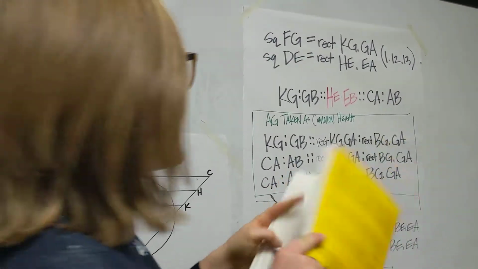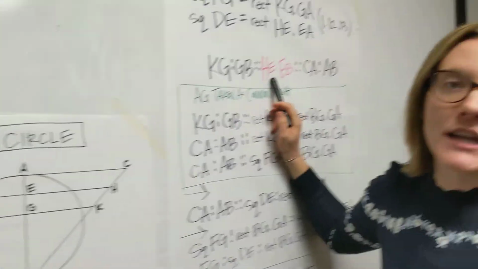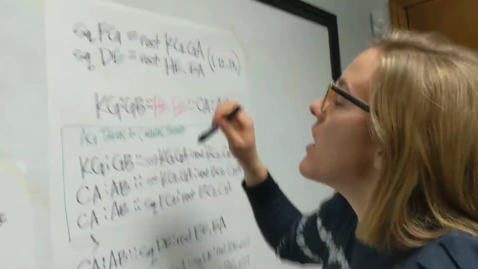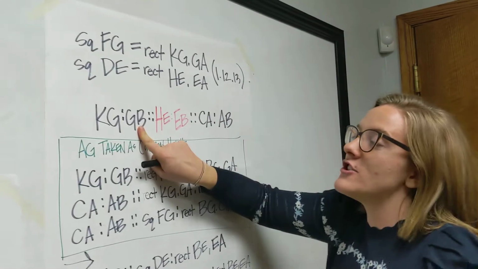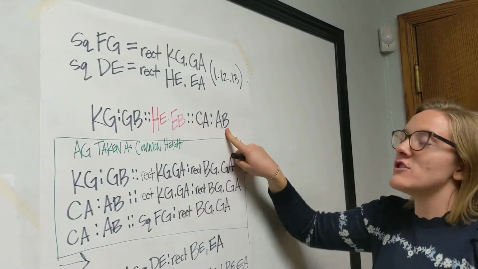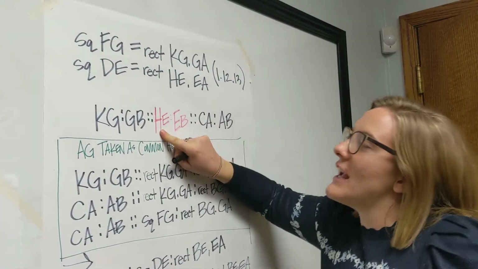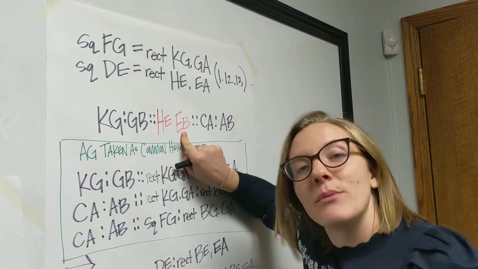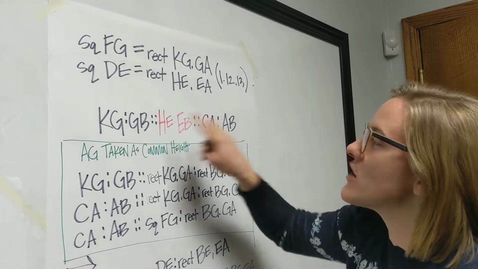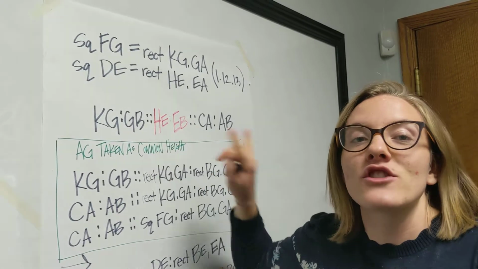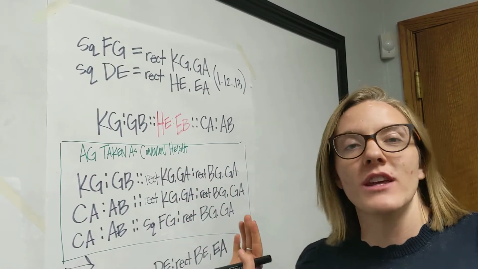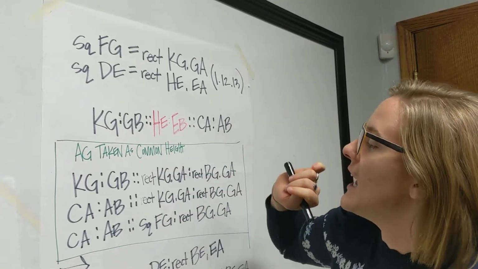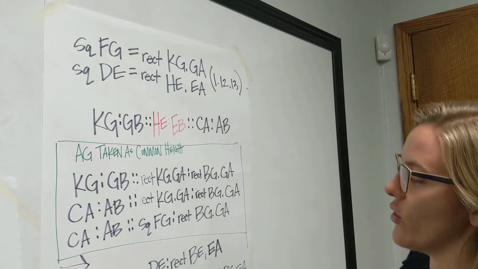And so since this is where it gets tricky and where I kind of added my own interpretation, he says since KG is to GB as CA is to AB, and I've drawn HE, and HE is to EB in red because he does not include this in his proposition. It's assumed, and I think is really confusing unless you draw it out, as will kind of be noticed later on.